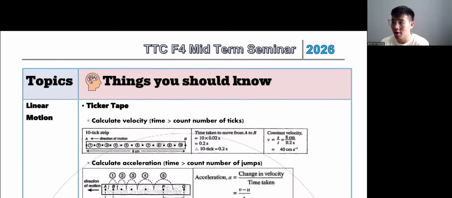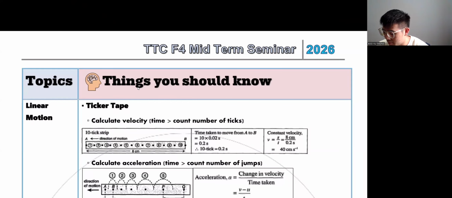Now, after the 15 minutes, I will explain to you a type of questions, which is called essay questions. Has your school teacher taught you how to do essay questions, like the format, the method? I used to teach essay questions in normal class, but I found that it's more beneficial for me to teach you the essay question in this seminar.